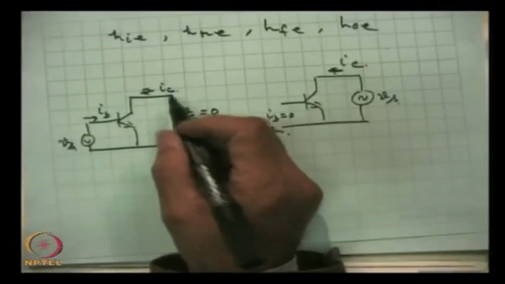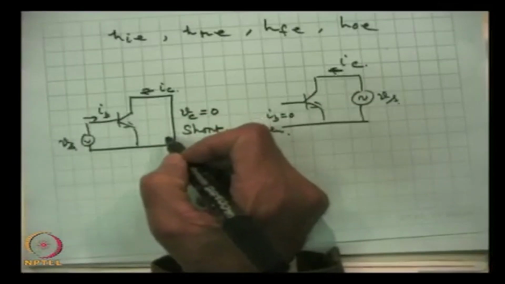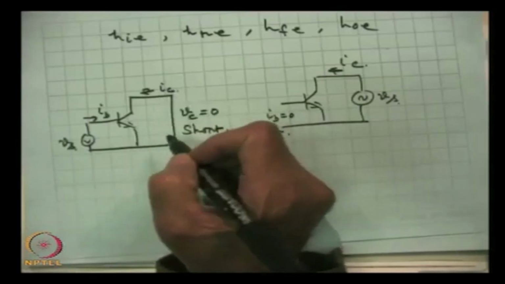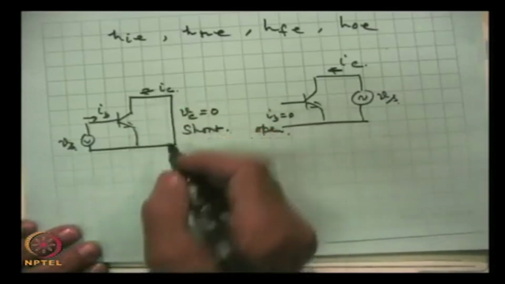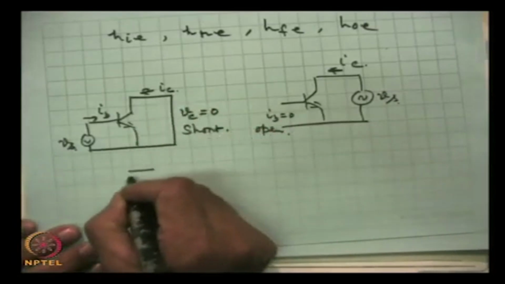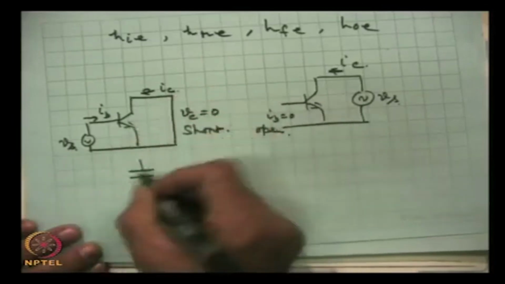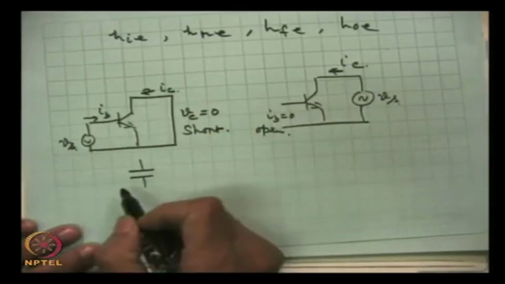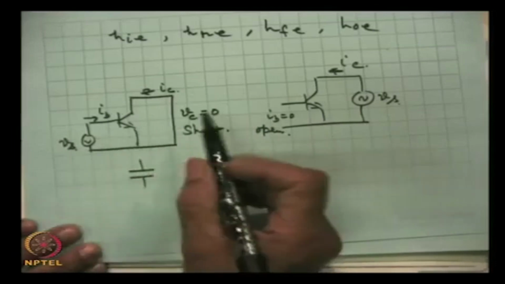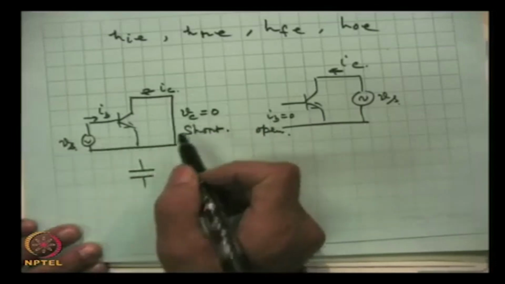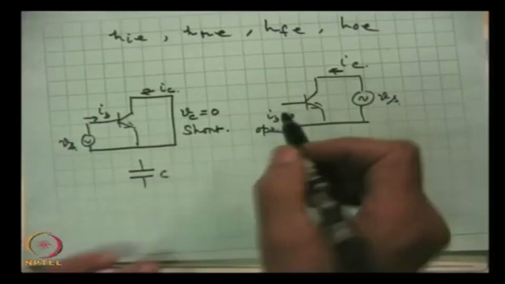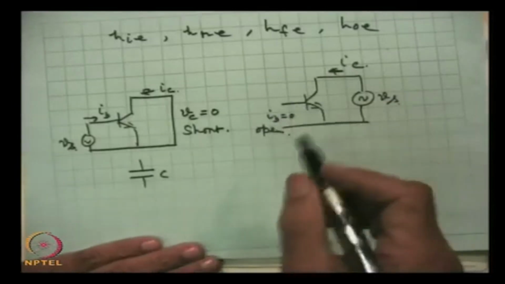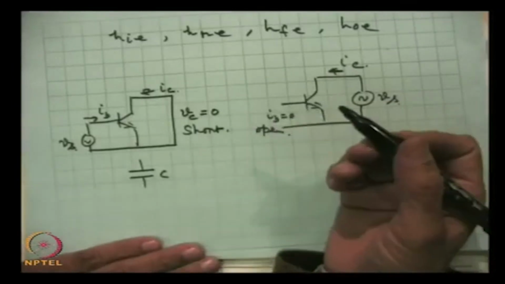Now, how do we achieve this in practice, not just by shorting it, otherwise how will we apply the signals. So, this shorting is achieved by using an appropriate capacitor in shunt. So, the AC signal will pass through it without disturbing other things. So, this condition of output shorted is obtained by use of a capacitor, and this open condition is obtained because we have to bias this properly.